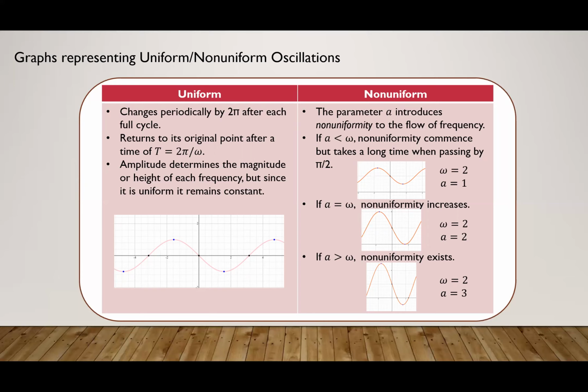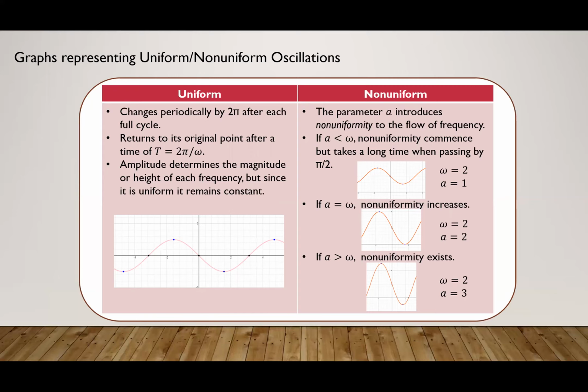For non-uniform oscillations, the parameter A, which was attached to the trig function, introduces non-uniformity to the flow, and if we were to plug in values for each parameter, we could see how it takes place on the graph. So using the introduced equation associated with non-uniformity, making lowercase omega equal to 2 and A equal to 1 introduces non-uniformity as it starts higher from the axis and has no intersecting points as it takes a long time to pass the point near pi over 2.